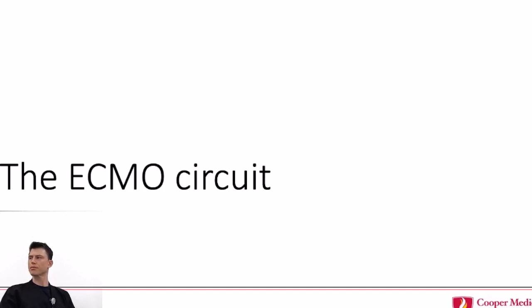But on the outcomes, there was actually just another paper published. I was going to talk about it in our meeting, but we've gone over so many of these papers that the theme is, at least retrospectively, they do just as well. Other than the anatomic consideration, the other consideration is they have such a high body surface area that their needs for flow are very high. So in a couple of our obese patients, we had to put in a second drainage cannula because we simply couldn't flow enough.